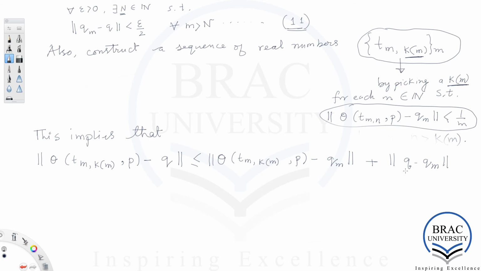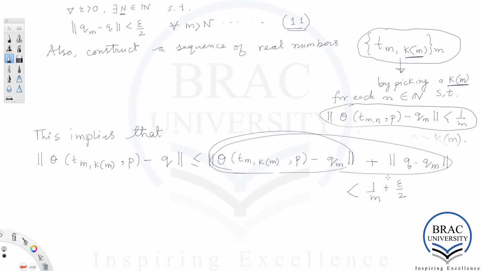Well, this is taken to be smaller than epsilon over 2, right? And this is taken to be smaller than 1 over m. So this whole thing is smaller than 1 over m plus epsilon over 2.